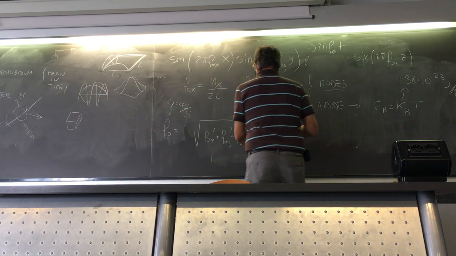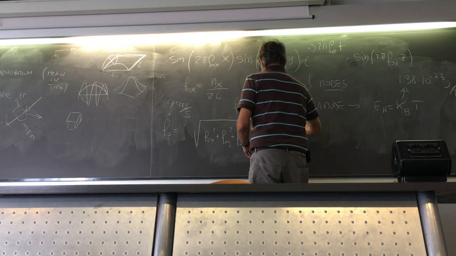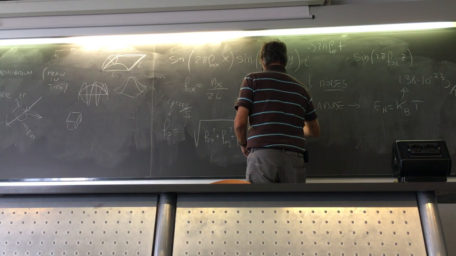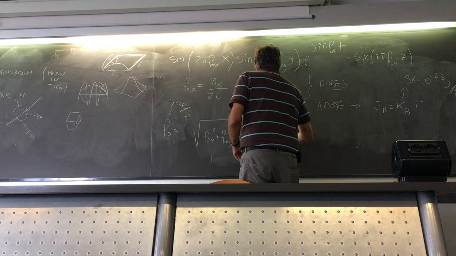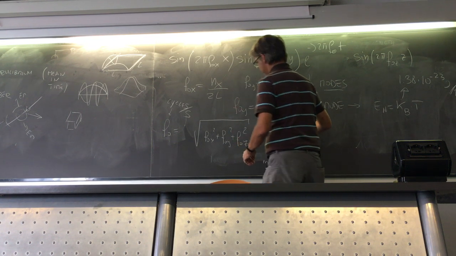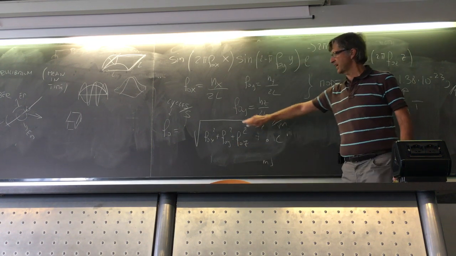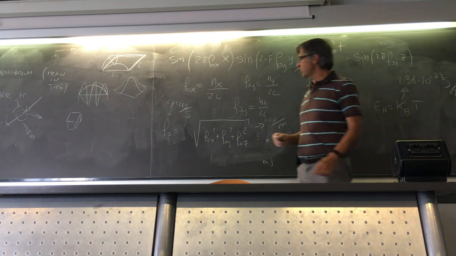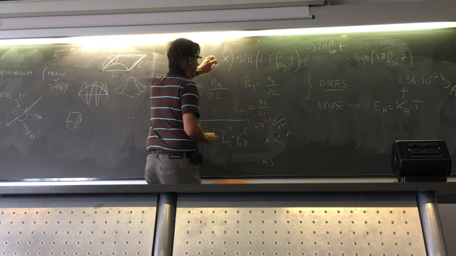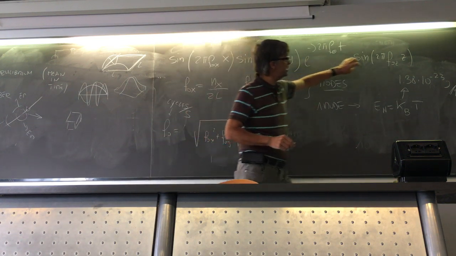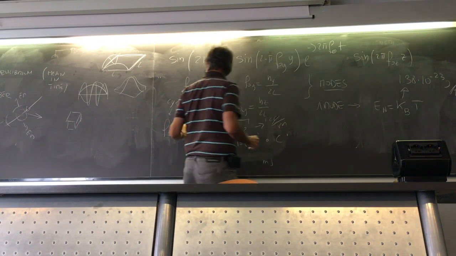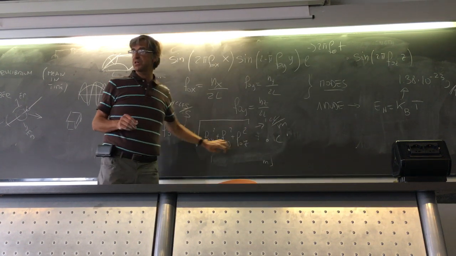This is just cycles per meter, and then you multiply by the velocity to have a meter per second. So this is a boundary. So you cannot use any combination of this, and this, because you must obey this law.